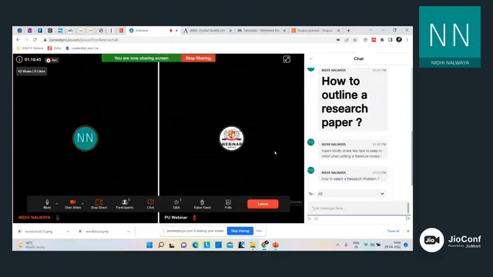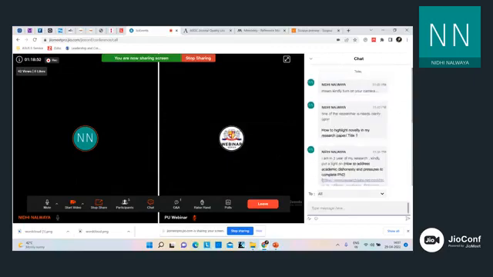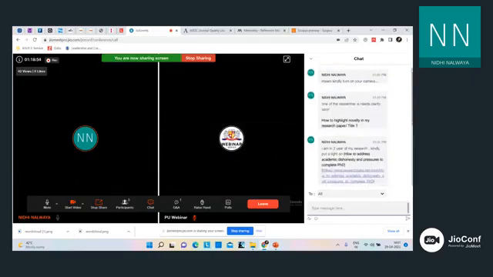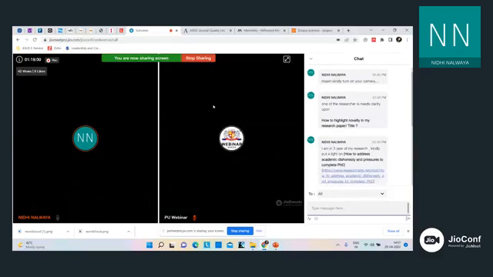The first question from a researcher is how to highlight novelty in a research paper or research title. First of all, you need to read the literature and find the research gap, and for that, start with systematic literature review papers.